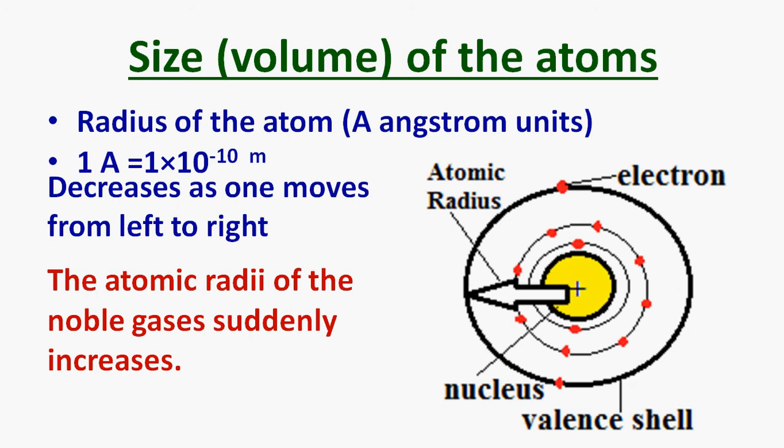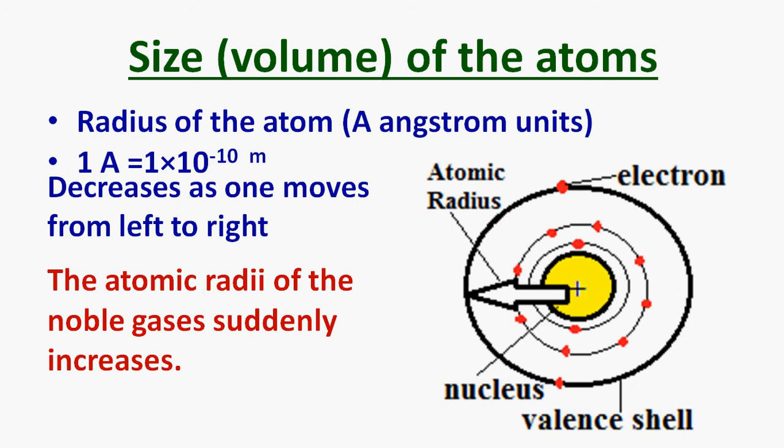So that is why the atomic radii decrease. Okay, and the reason for the sudden increase of atomic radius in the noble gases is that when an octet is formed in the valence shell, the arrangement of electrons in the outermost shell becomes structurally stable. Since it is now structurally stable, the nucleus can no longer pull the extra nuclear electrons with the same force, and hence the atomic radius increases.